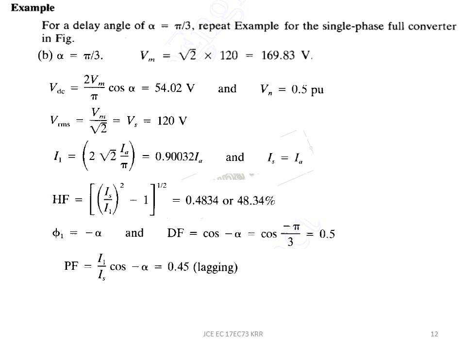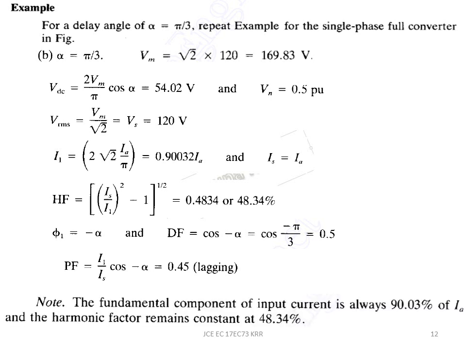So here we are getting 0.45 lagging by using this formula. So note that the fundamental component of input current is always 90.03% of Ia, and the harmonic factor remains at 48.34%.